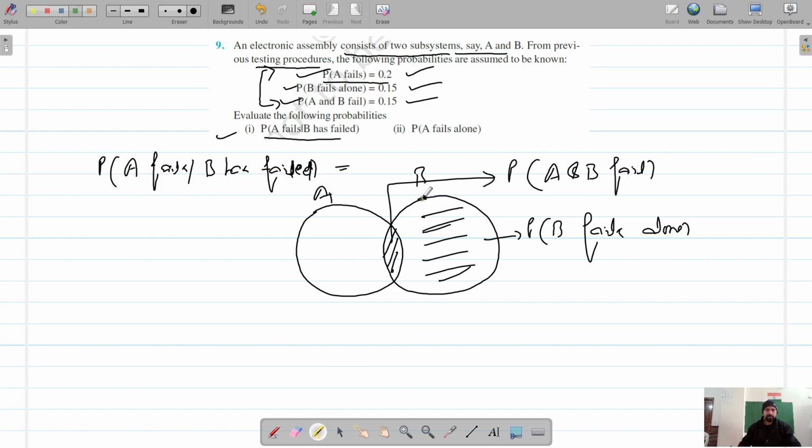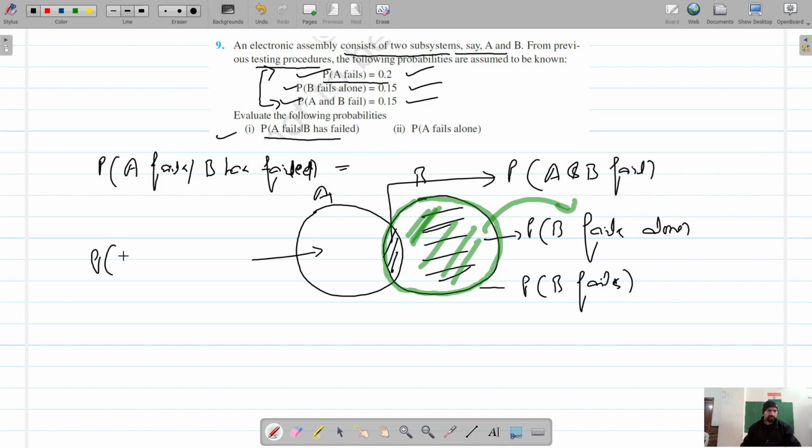If we take this completely, this is the probability of B failure, and this one is the probability of B failing alone. And this one is the probability of A failing alone.